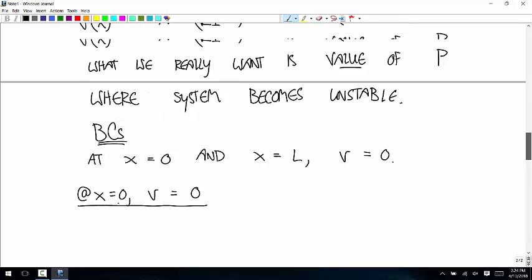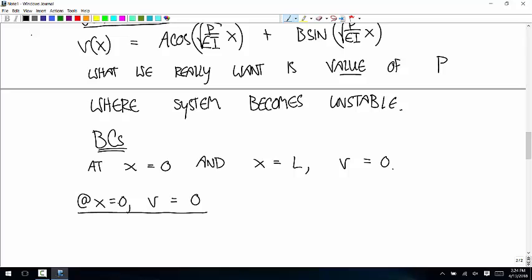Well, the deflection, so v at x equals 0 is equal to a times the cosine of all this times 0 plus b times the sine of all this times 0.